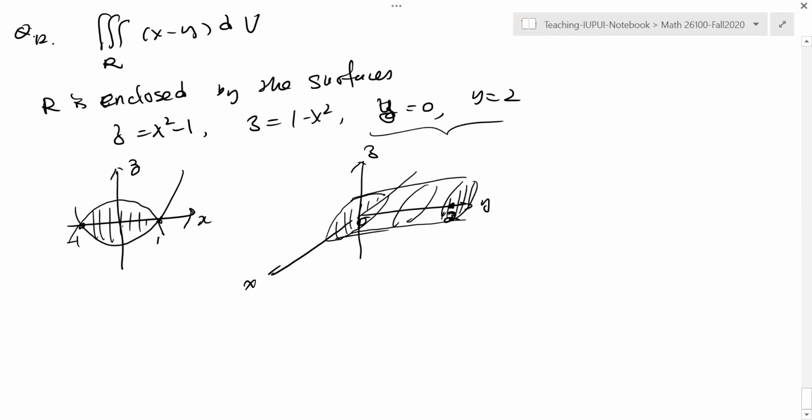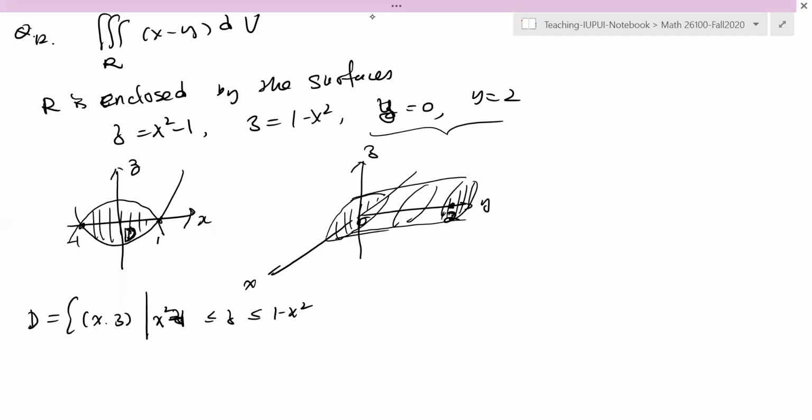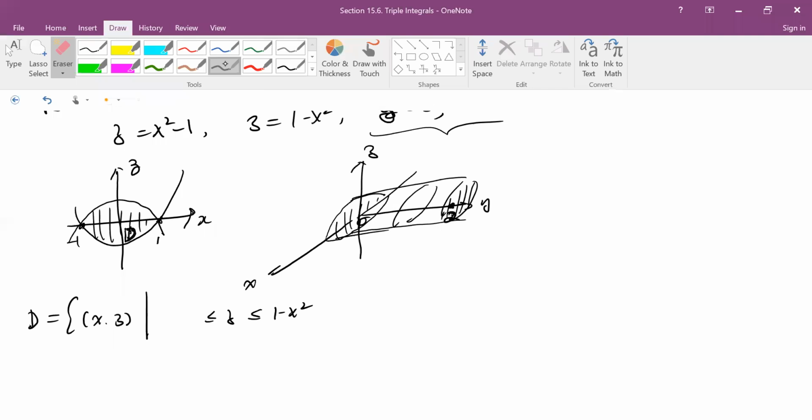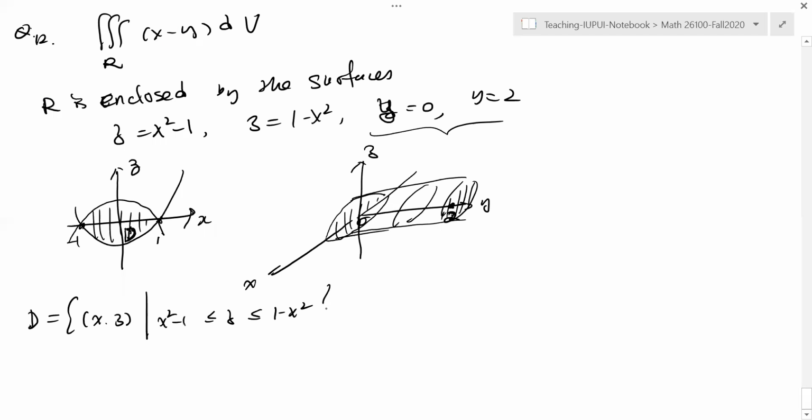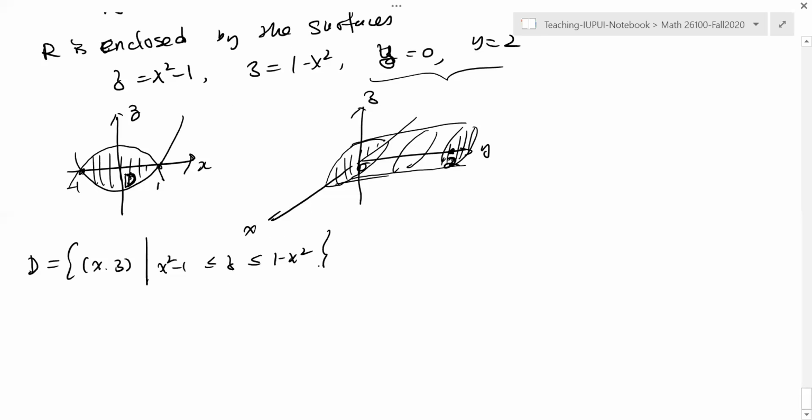So this is D. My D is going to be in the xz plane, where z is between x squared minus 1 and 1 minus x squared. This is between these two curves, enclosed.